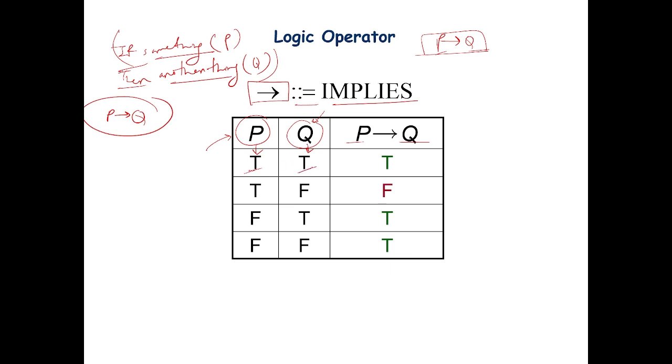Whenever P is true and Q is true, we know that P implies Q is true. Whenever P is true and Q is false, this is the only case when the whole statement becomes false. And like we've said before, if the hypothesis is false, as we didn't say anything about what happens then, this whole statement becomes true.